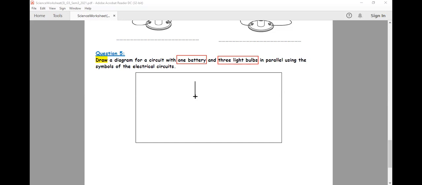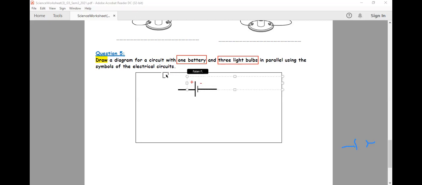Vertical line, then a horizontal line. Then you draw 3 light bulbs. What should I add now? Draw a light bulb. This is the positive side of the battery. This is the negative side of the battery.